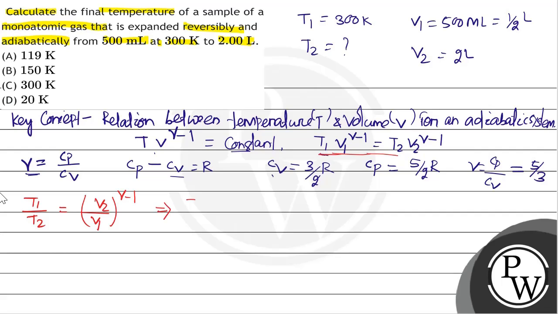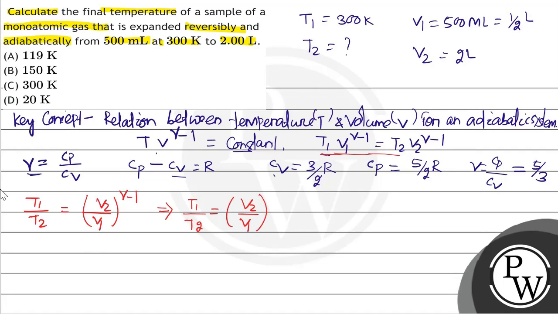Now putting the gamma value, the equation will be like this: 300 divided by T2, where T2 we have to find out, is equal to V2 equal to 2 liter divided by 1 by 2 liter whole to the power 2 by 3.